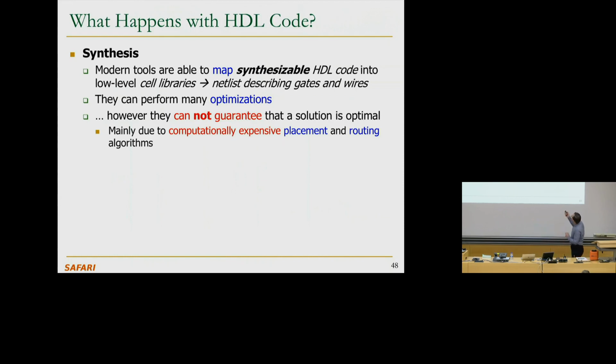Basically, what the synthesis tool needs to give you is what's called a netlist. A netlist is essentially a description of all the gates and wires in your circuit. It's called a netlist for historical reasons. That netlist, it needs to lay out the code and place all of the gates and route the wires. And to be able to do that, it uses some algorithms internally, and those algorithms are not very easy to optimize. Okay, and this is the most common way of digital design these days.